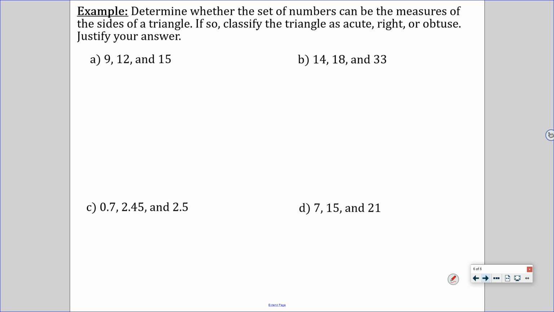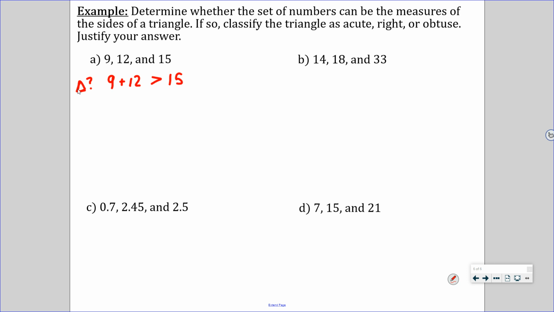I made you check all 3 possibilities. For now, since we already went through that in chapter 5, I'm okay with you just taking the smaller 2 sides and making sure the sum of the smaller 2 sides is greater than the largest side, okay? Because then obviously the other ones should hold true.